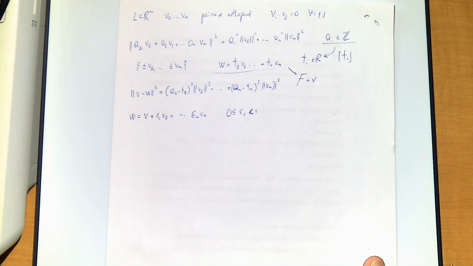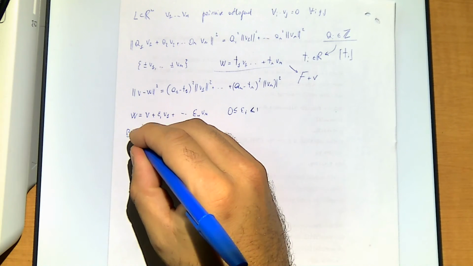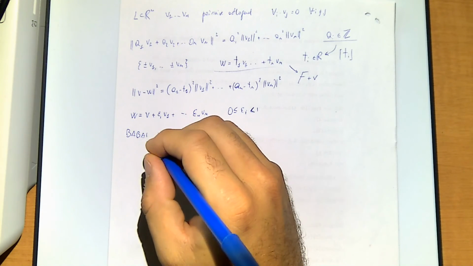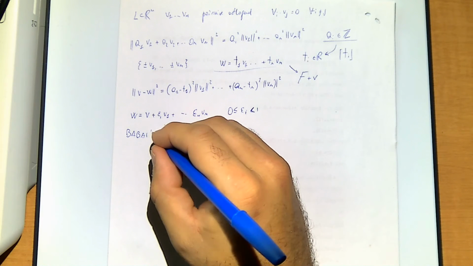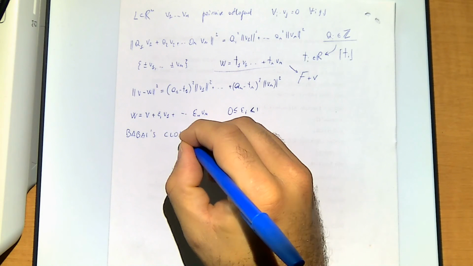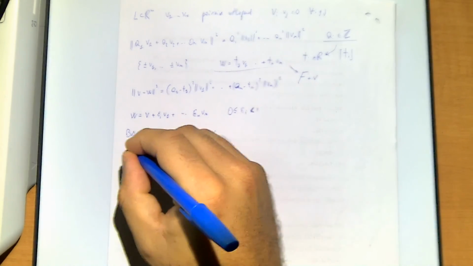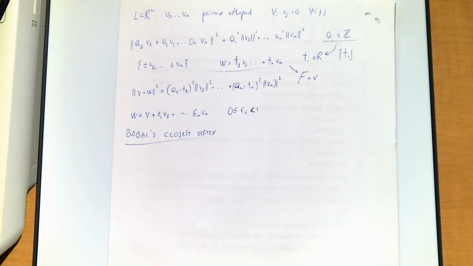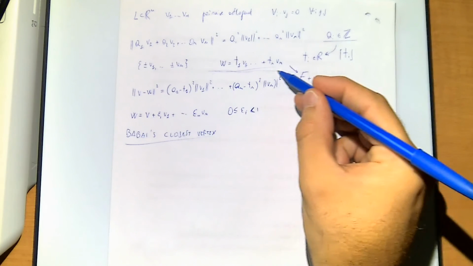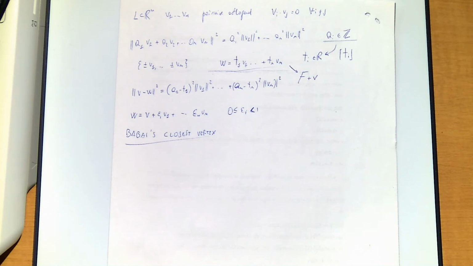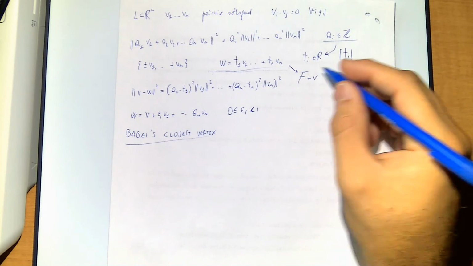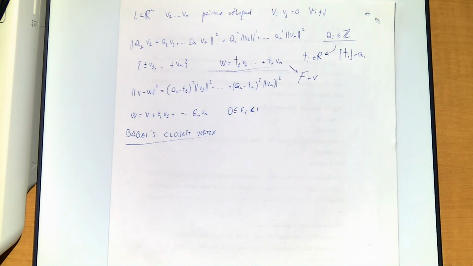So this is really how the algorithm works, which is due to Babai. Algorithm for closest vertex. You write w in this way, and then you just set each a_i equal to the rounding of each t_i.